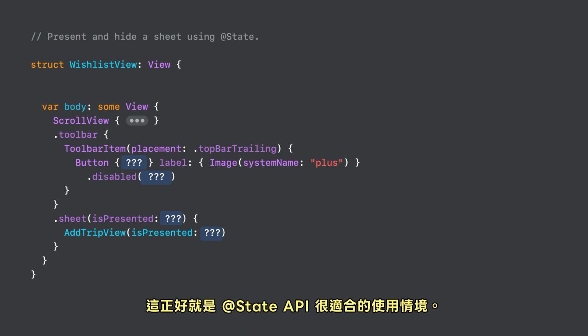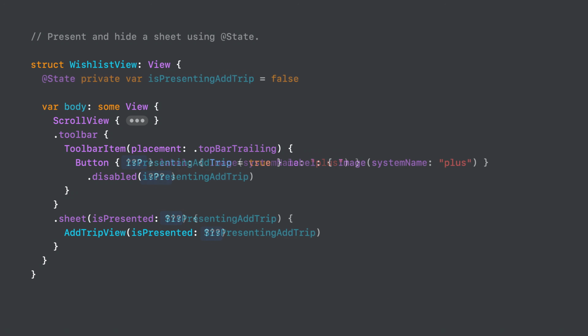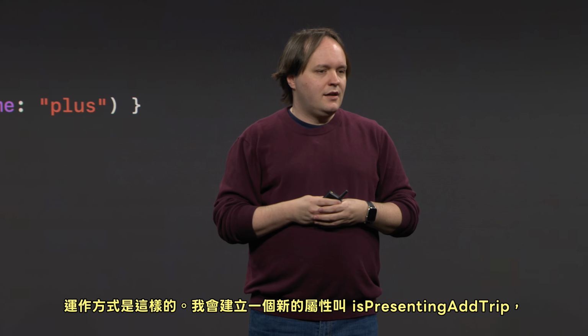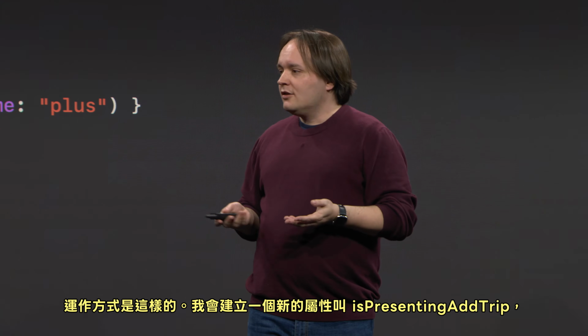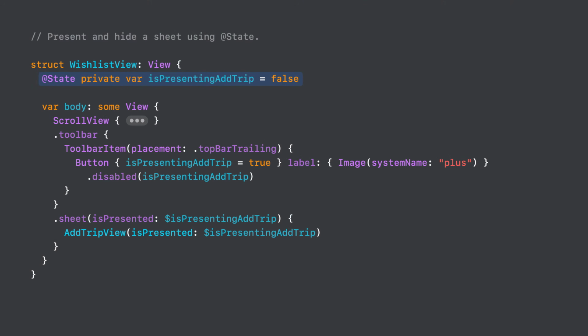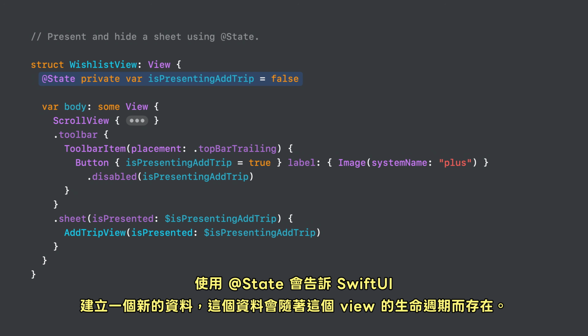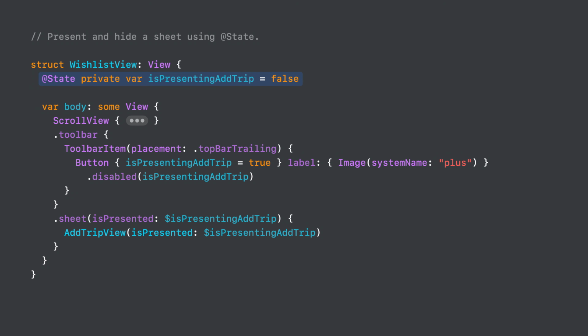Well, this is a great use case for using the @State API. Here's how it works. I'll create a new property called isPresentingAddTrip and decorate it using @State, and it defaults to false. Using @State tells SwiftUI to create a new piece of data that lasts as long as this view does.